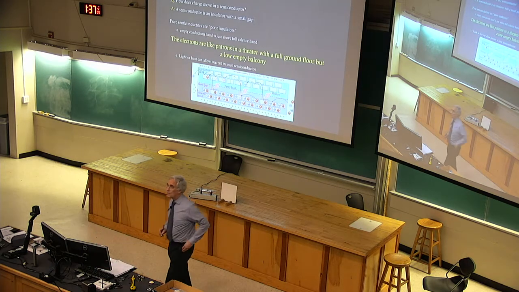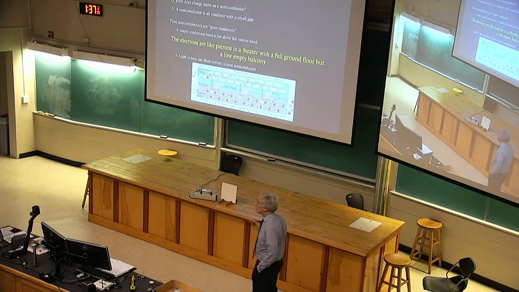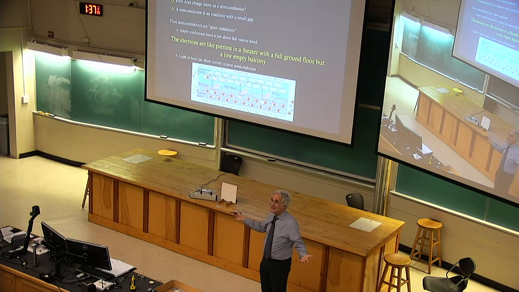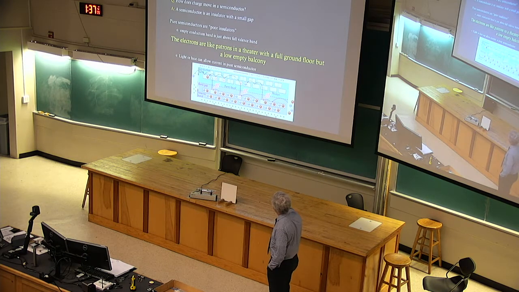But if you expose it to light, something happens. The light comes along, and remember, although light travels as waves, it's absorbed and emitted as photons, as little packets of energy. If one of these little packets of energy comes along and has enough energy to move the electron from this level, namely this standing wave in the valence band, to this level, a different standing wave in the conduction band, the electron shifts. The photon energy did it.